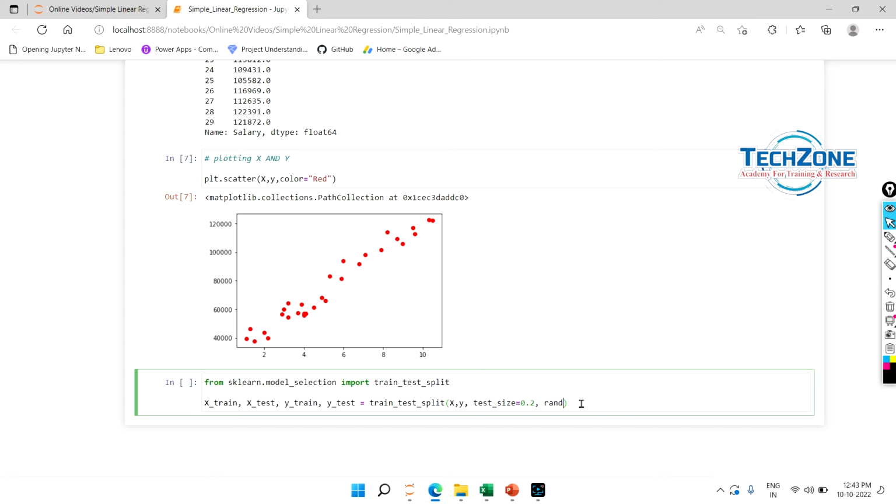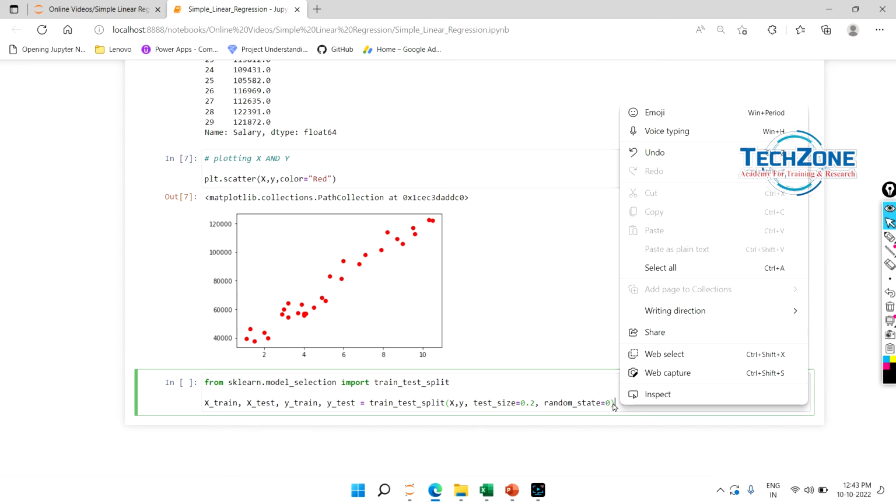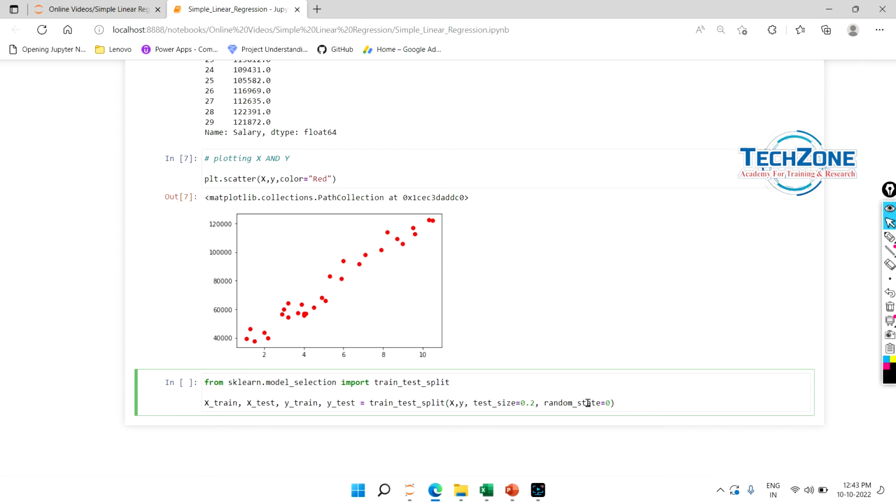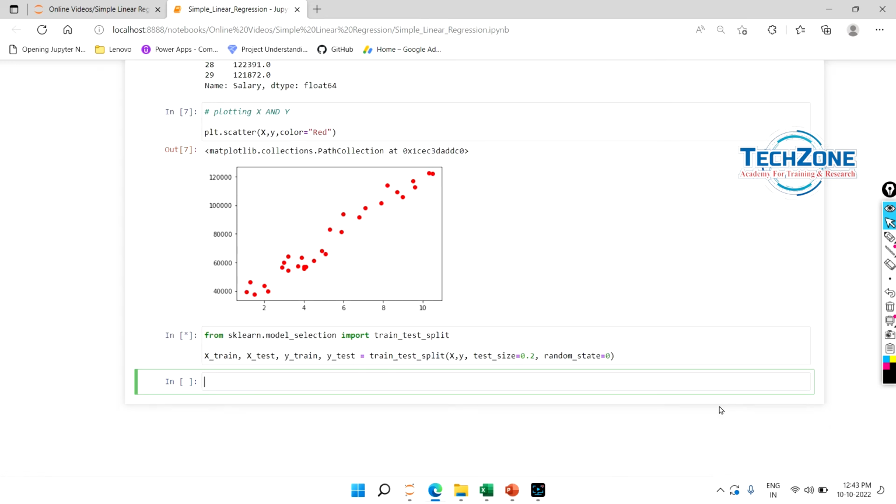Now random_state is equal to 0. Now what is this random_state? Whenever we are running this model, random_state equal to 0 will make sure that the same rows are selected randomly. I'll go ahead and execute this.